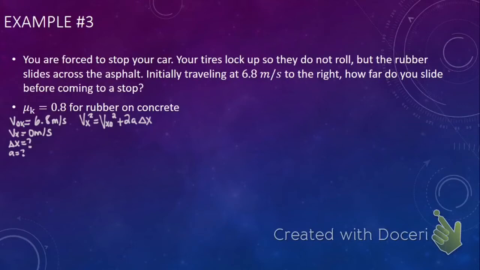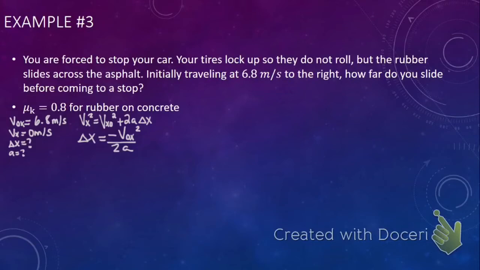When I rearrange this equation, because I'm going to simplify some of my math, we know our final velocity is 0. We can end up seeing this. So like I said before, we need to find the acceleration from this problem.